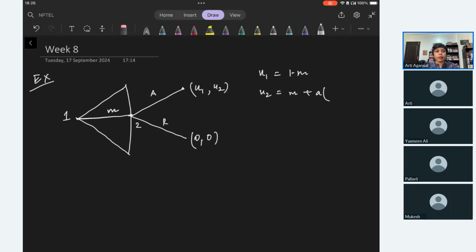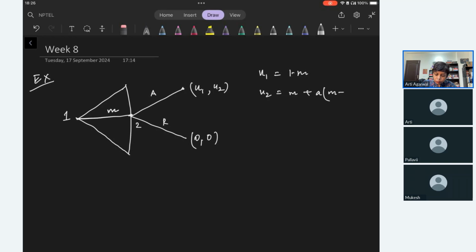Now y here is m and z here is 1 minus m, so y minus z is m minus (1 minus m). So u2 becomes m plus a into 2m minus 1.